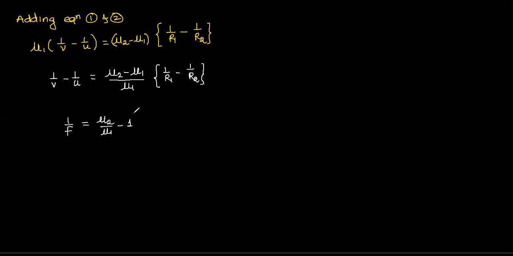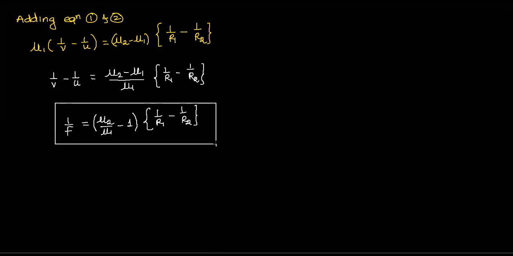After separating the numerator, denominator, into bracket 1 by r1 minus 1 by r2. This formula is very important, which you have to keep in mind. That is what? Lens maker's formula.